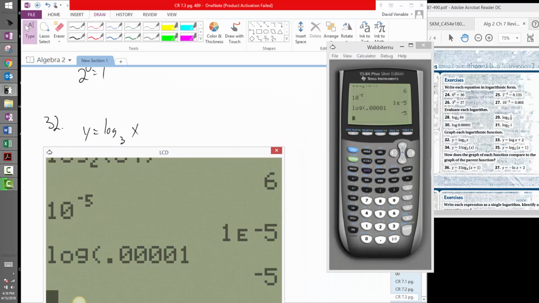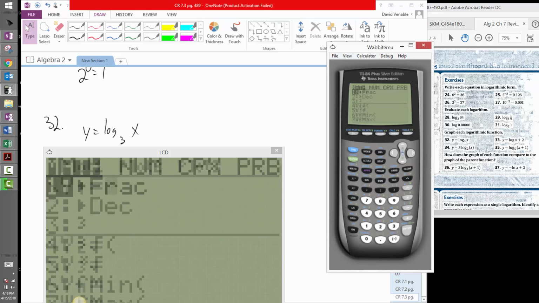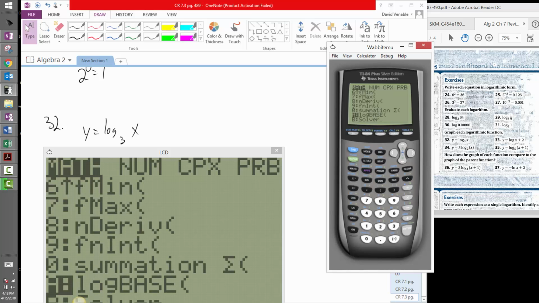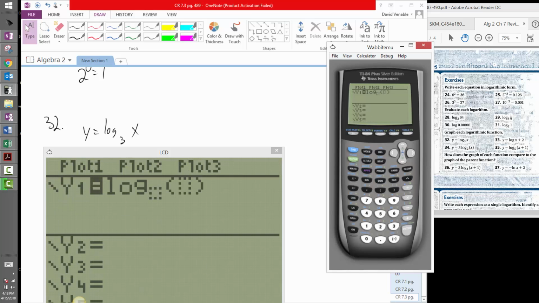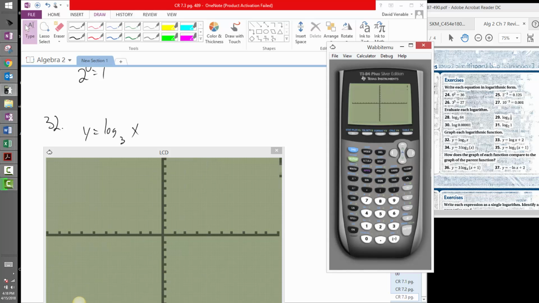So we got log base 3 of x. I'm going to go to y equals, clear this out here, and go to math. I'm going to option this right here, log base 3 of x, and graph in the standard window, Zoom 6. Here's what that graph looks like.